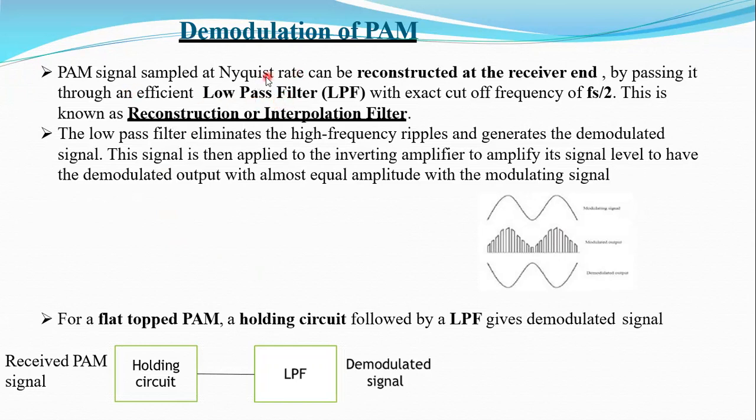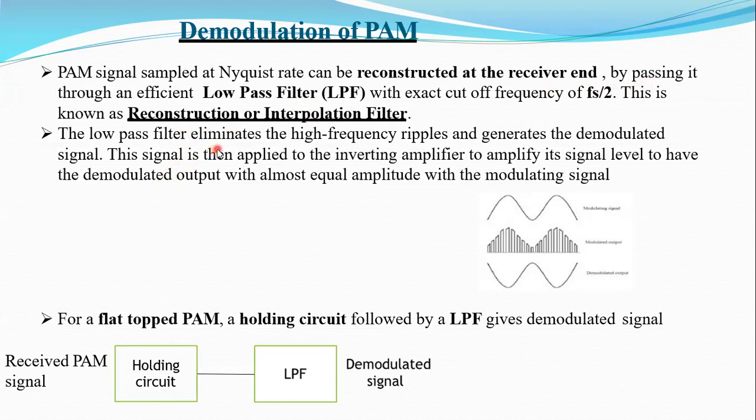The PAM sampled signal, which satisfies the Nyquist rate, can be passed through an efficient low pass filter with an exact cutoff frequency of fs/2. This process is called reconstruction, or we can call it an interpolation filter. That means the filtering of the signal is done with the help of a low pass filter.